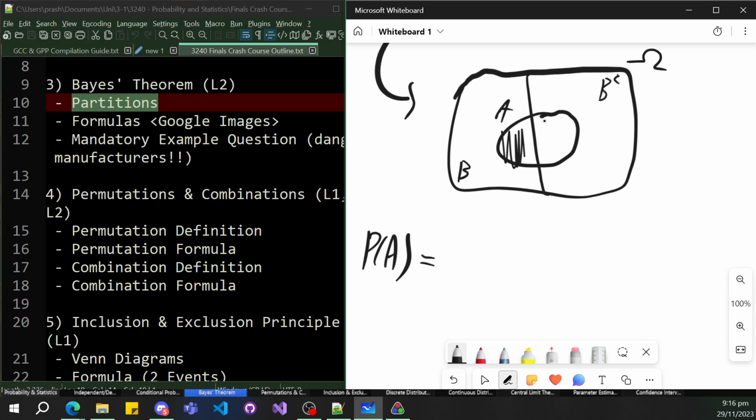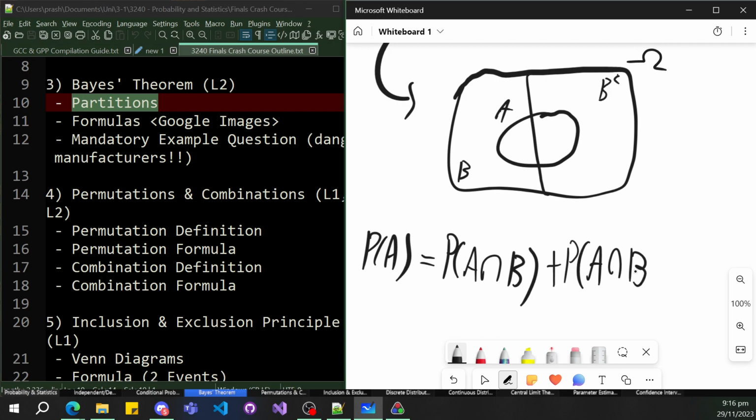The first half is A intersect B, because this part of A is inside the B half of the sample space. Likewise, we've got A intersect B complement, because you've got this other half of A inside the B complement part of the sample space.